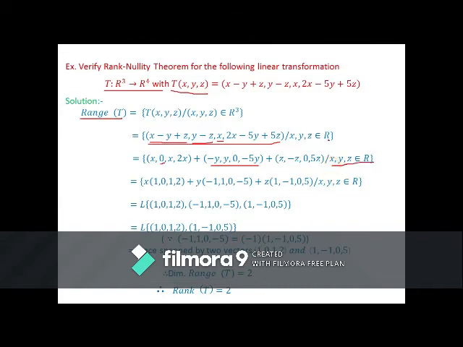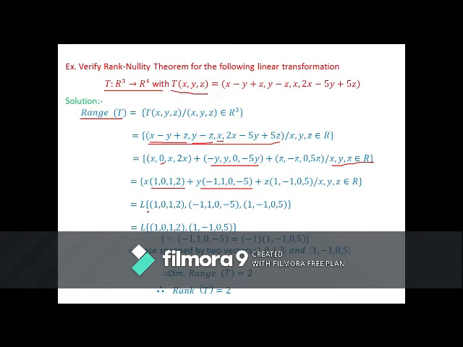Where x, y, z belong to R. (x, y, z) ordered triple belongs to R3 means x, y, z belong to R. So taking x common from this quadruple, we have x into (1, 0, 1, 2), taking y common we have y into (minus 1, 1, 0, minus 5), plus z into (1, minus 1, 0, 5), where x, y, z belong to R.